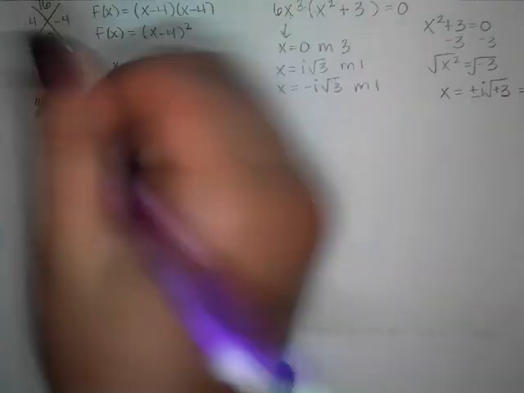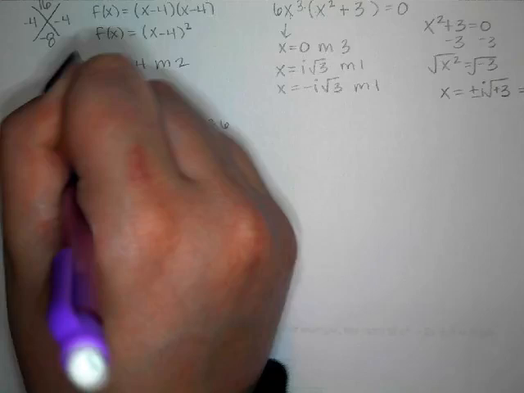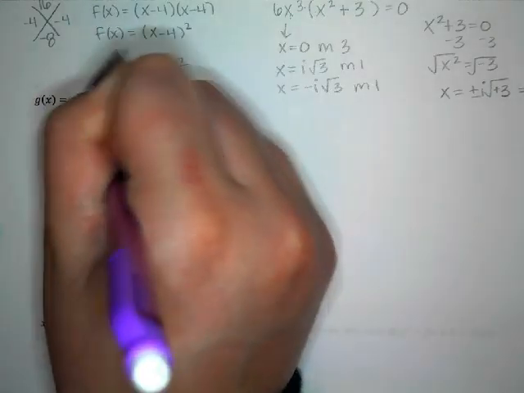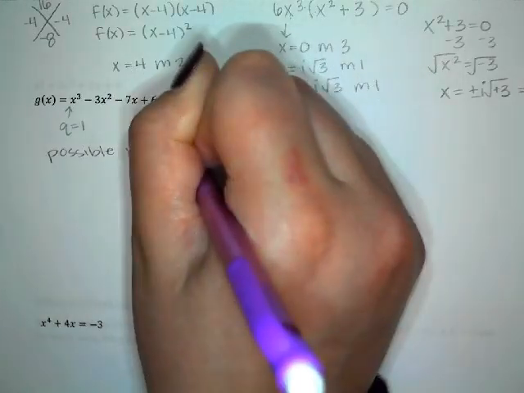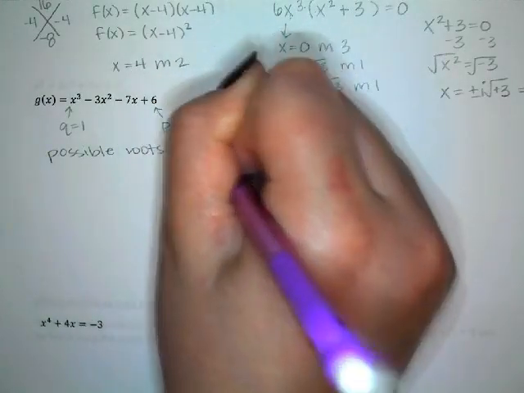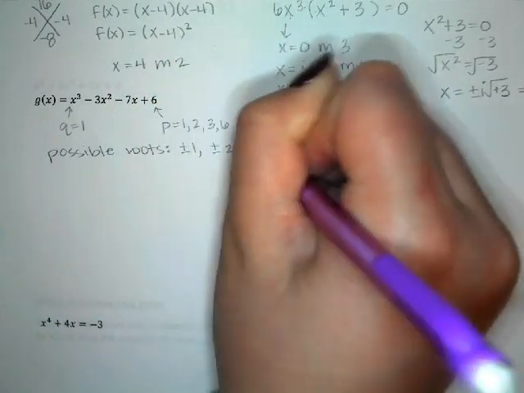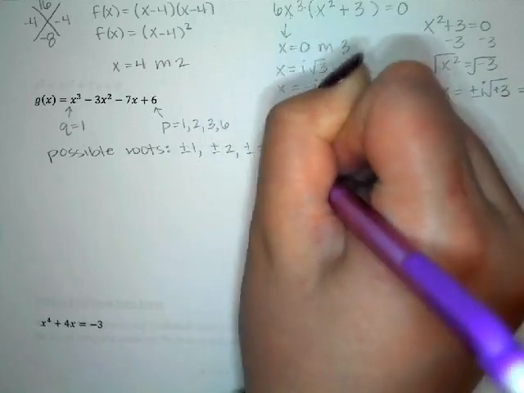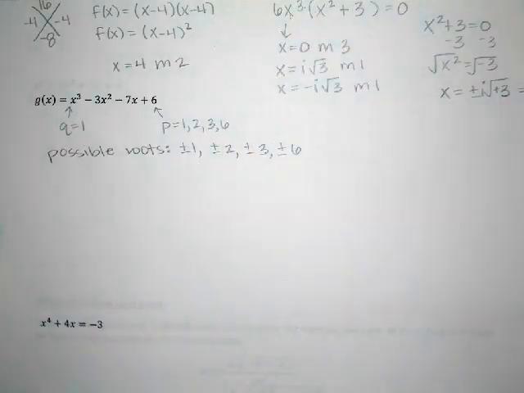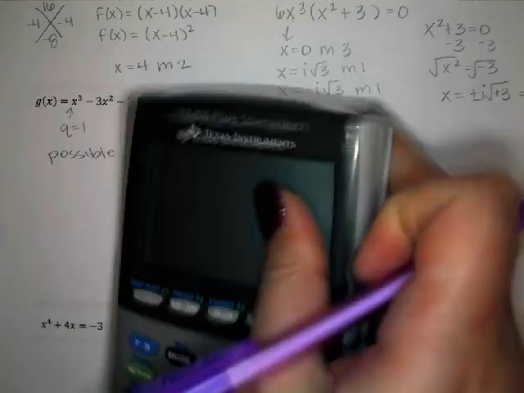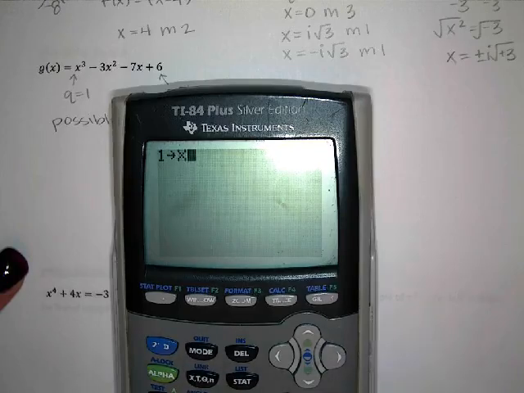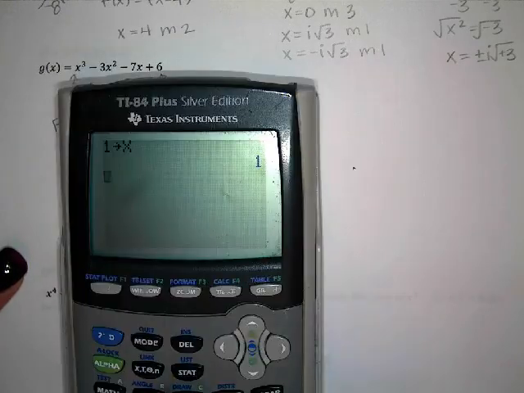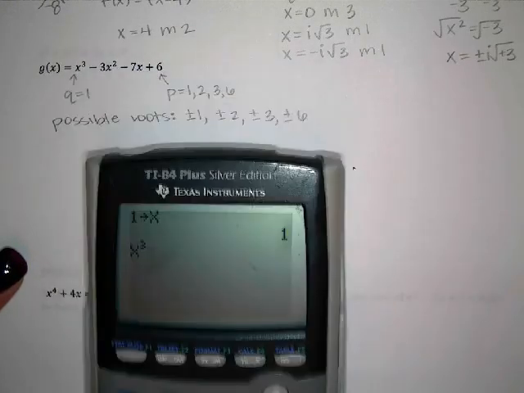And so that means that my possible roots are plus or minus 1, plus or minus 2, plus or minus 3, plus or minus 6. So I'll plug in each of these until I find the one that gives me 0.